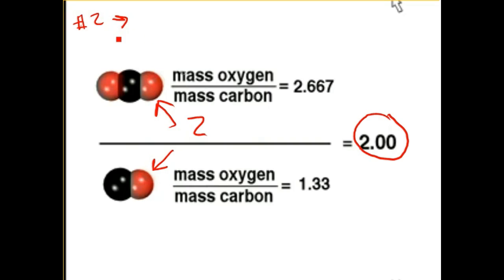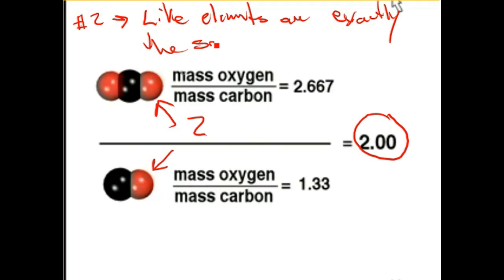That truth is that like elements are exactly the same. Because if I double the amount of oxygens, I double the mass perfectly. So this is another truth they did not know back then through our journey.